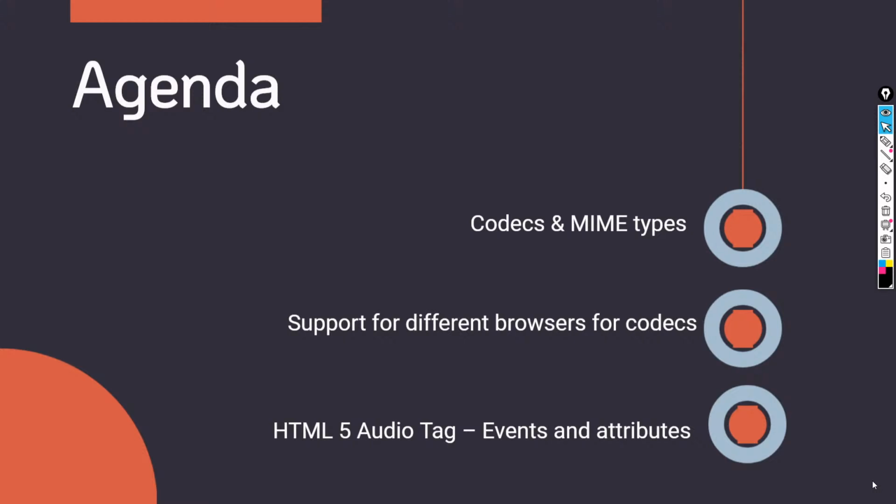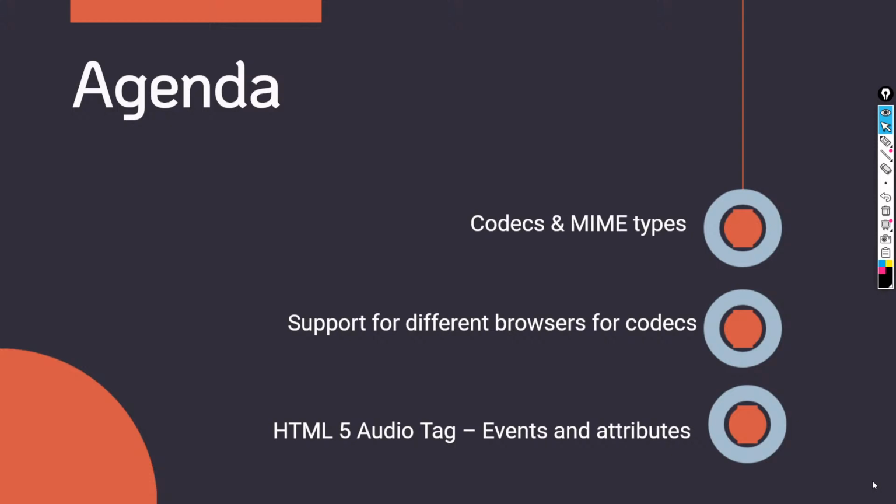Each browser supports different types of codecs, like Vorbis and H.264, which are used to convert compressed audio and video into binary data and back. So that's what these codecs do.